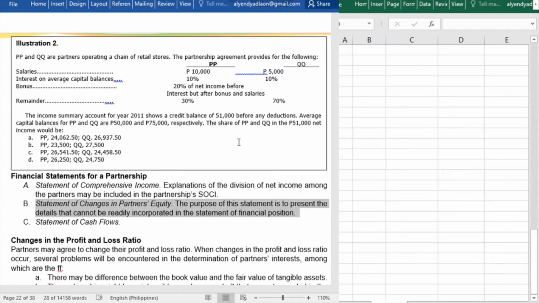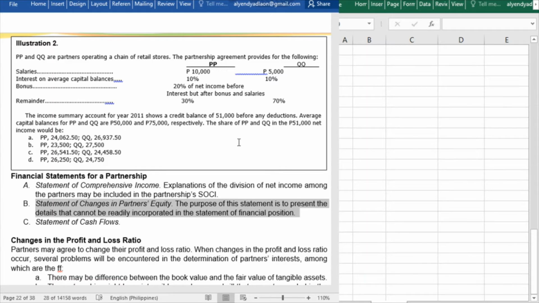Okay, so this is also important, especially since not all business owners know how to make financial statements. So they need accountants or bookkeepers to compile their financial statements or to make a summary of them.